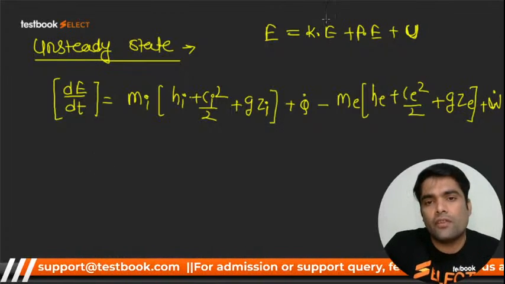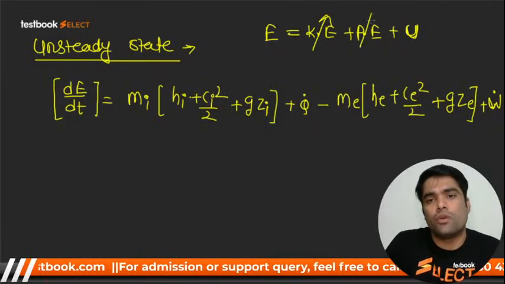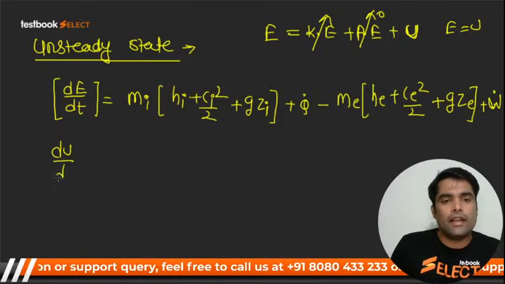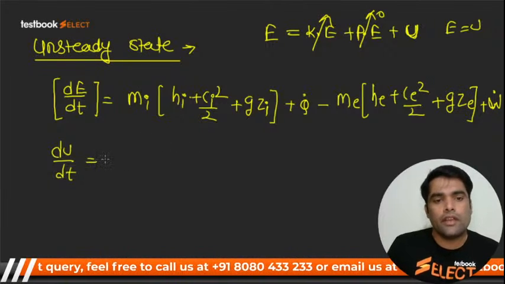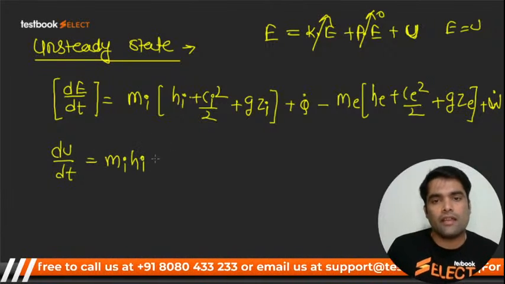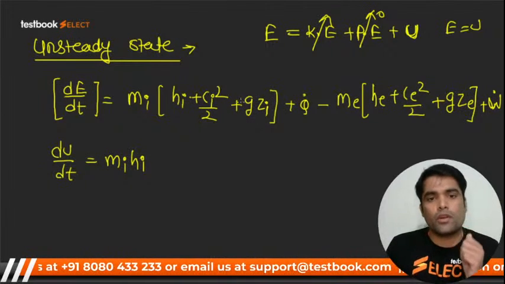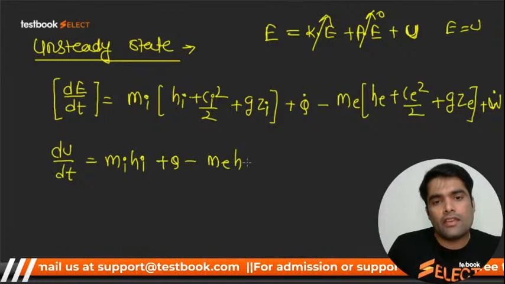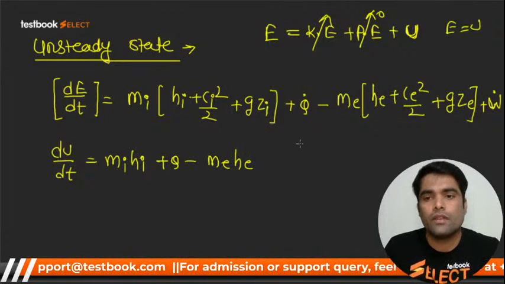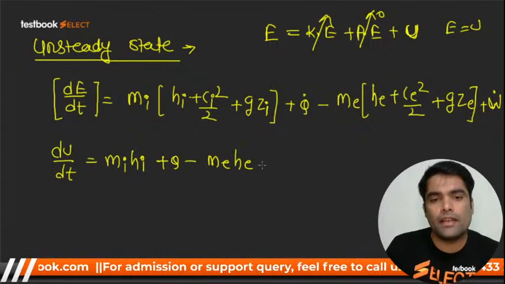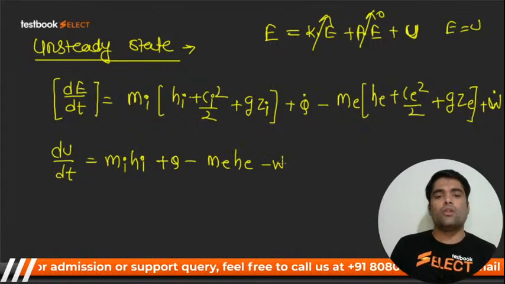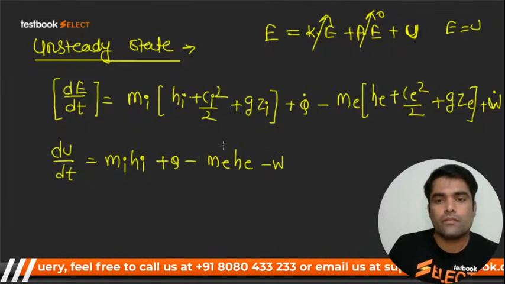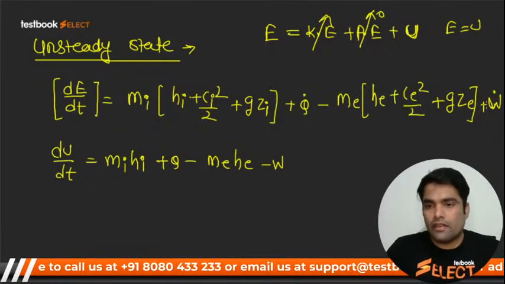So if you neglect it, T is equal to 0 कर दोगे आप, so E will become equal to U. So my dear, dU by dt will become m_i h_i, ये दोनों गुजर जाएंगे because potential energy has been 0, plus Q minus m_e h_e, minus W. I hope you got it. Yes or no बच्चा? अरे सॉरी, यहाँ पे भी माइनस होगा. I'm very sorry, यहाँ माइनस होगा.